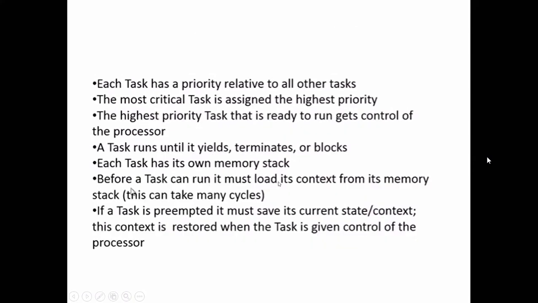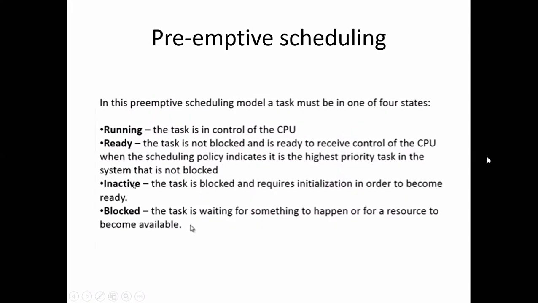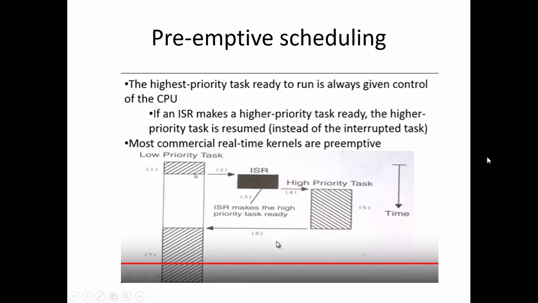Before a task can run, it must load its context from its memory stack. If a task is preempted, its current state must be saved. This context is restored when the task is given control of the processor. And when the CPU gives a chance to the high priority task, the low priority task will be in the inactive state.